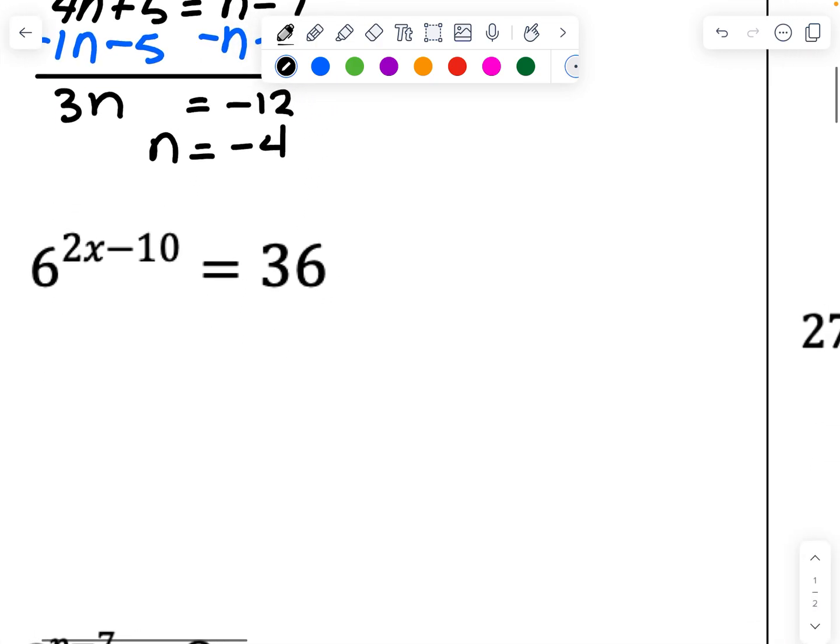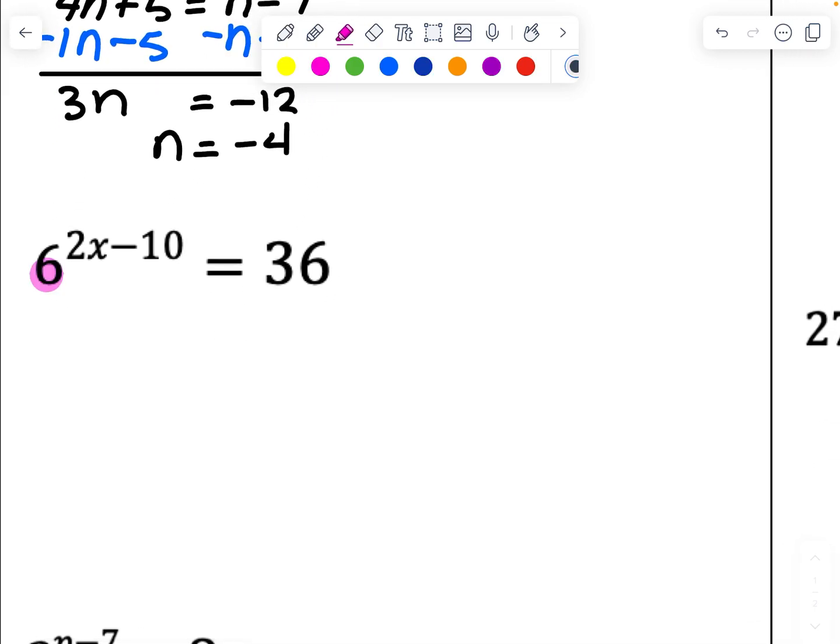The problem comes when the bases are not the same. When the bases are not the same, you need to think about how to make them the same. And so what I notice is that 36 is equal to 6 squared. So with that being the case, I can rewrite the problem as 6 to the 2x minus 10 is equal to 6 to the second power.